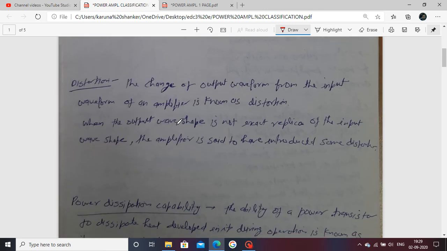Next is distortion. Distortion is the change of the output waveform from the input waveform of the amplifier. Suppose we apply a sine input with proper amplitude, and if the output that comes out has a changed shape or magnitude, and the overall signal shape is distorted, that is called distortion.